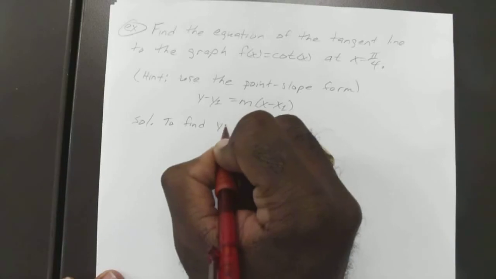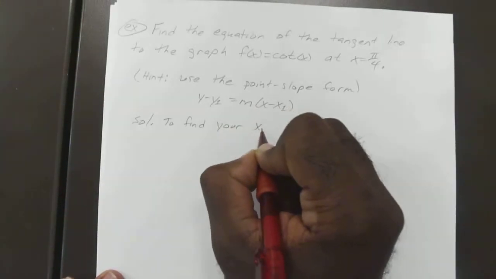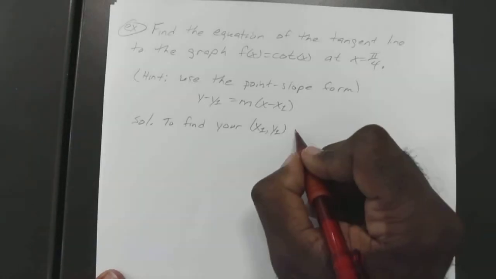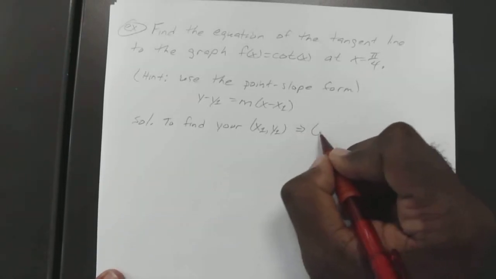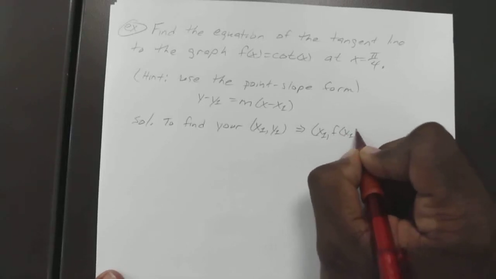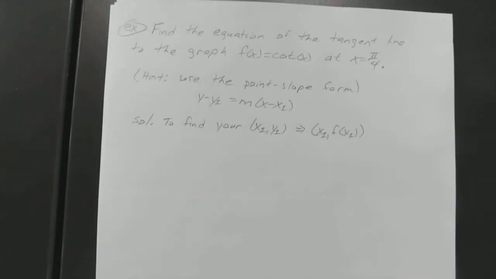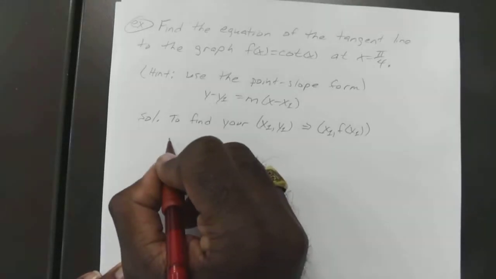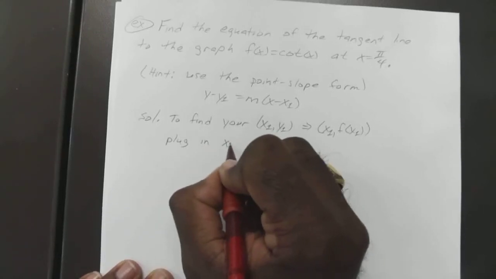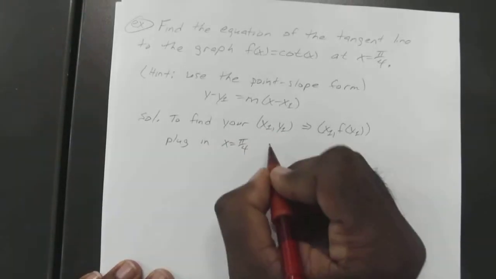Okay, to find your x1, y1, or in this case, our x1, f of x1, we're just going to plug in our x equals pi over 4.